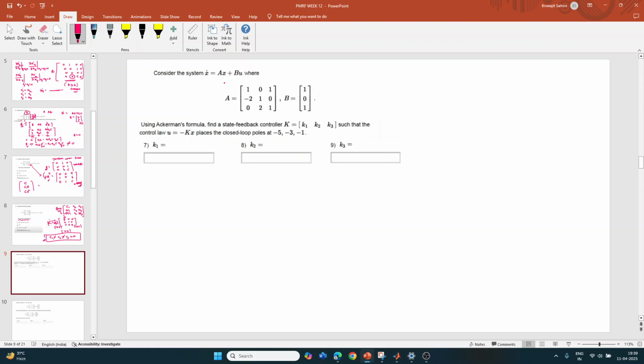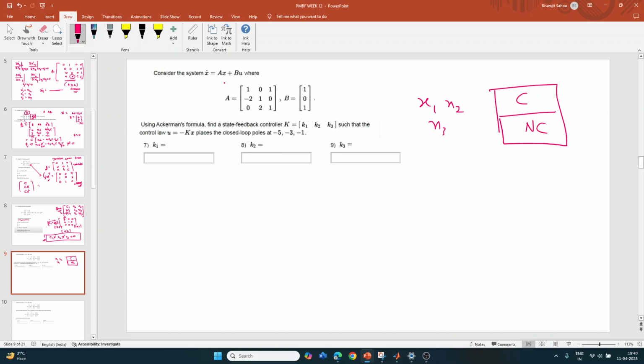Because whenever a system or plant is given to you, you know that some part of the system is controllable and some part of the system is non-controllable. Some part means some state variables. Let's say these are x1, x2, x3, the three state variables, because it's a 3 cross 3 matrix.